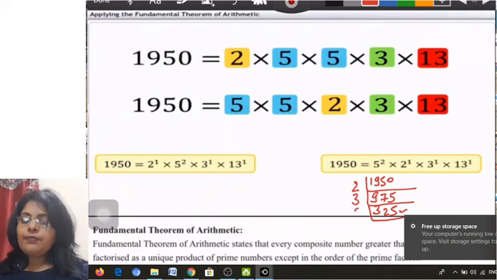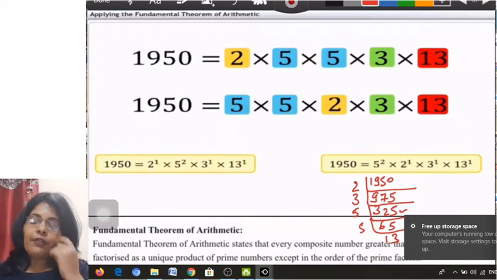So let us see. 5 6s are 30, and 5 5s are 25. Now again we can divide it by 5. 5 1s are 5, 5 3s are 15. Now 13 is itself a prime number, so we are not going to divide it anymore. So the prime factorization we have done, we have written over here, 2, 3, 5 square, 13.